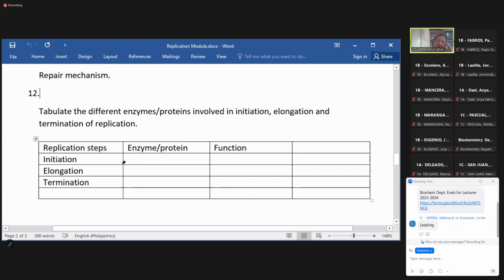So, elongation na yon. So, ano yung enzymes dito? Ano pa? What is that enzyme or protein that prevents reannealing? Replication fork. RPA.